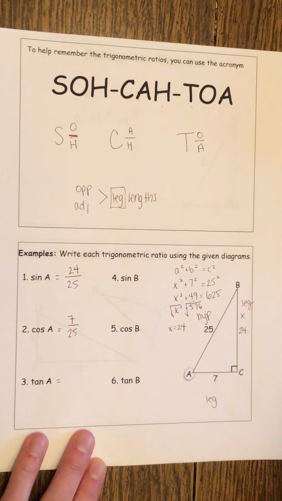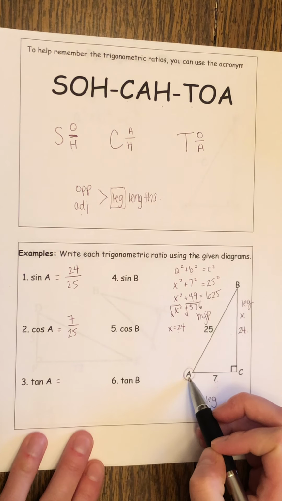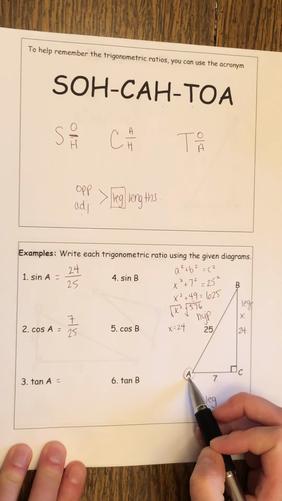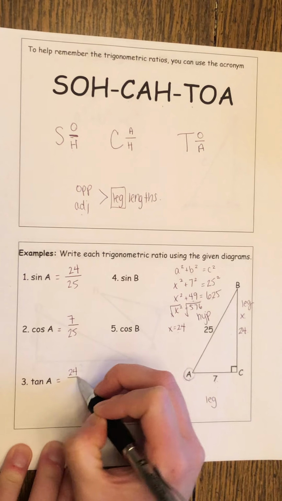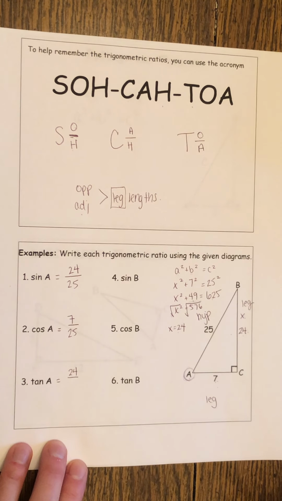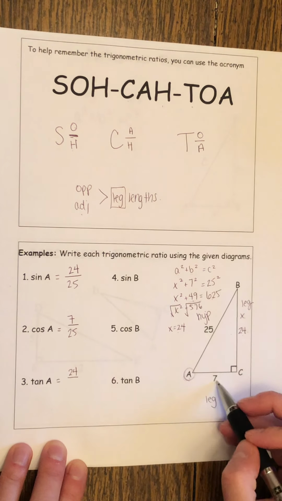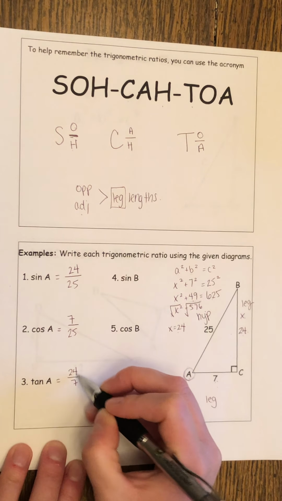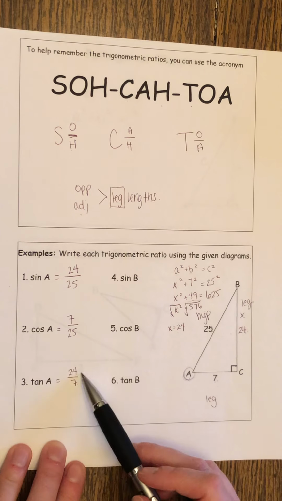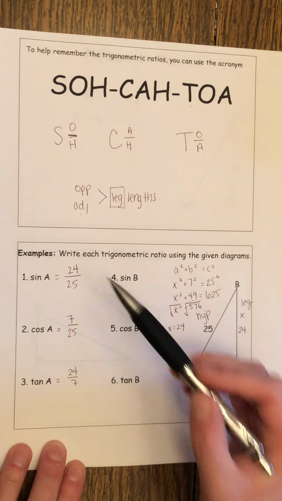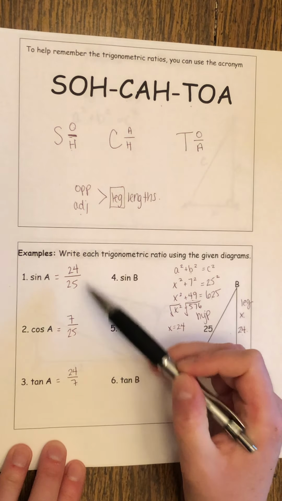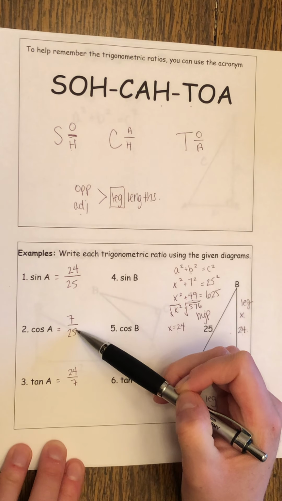What about the tangent of angle A? Tangent of angle A is equal to the opposite leg length, which is 24, over the adjacent leg length, which is 7. Notice here, 24 over 7 is greater than 1, but neither of the other ratios are. Both sine and cosine are less than 1.